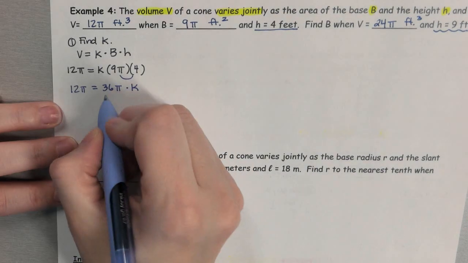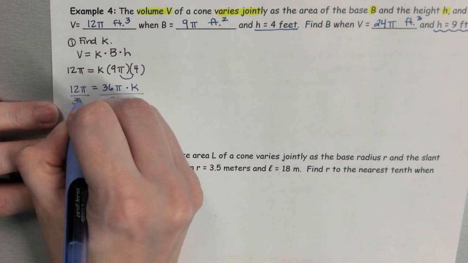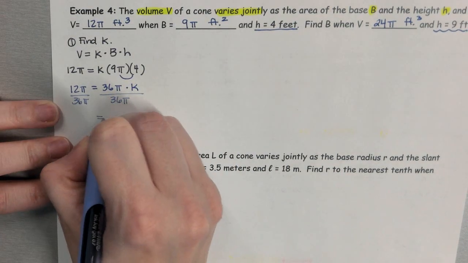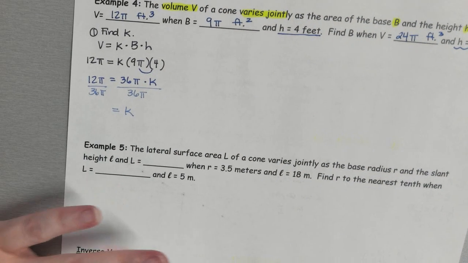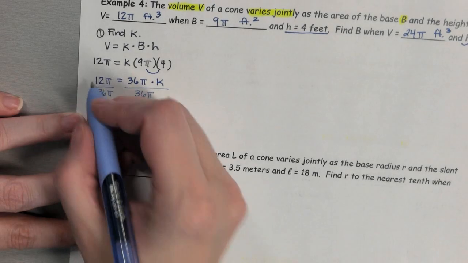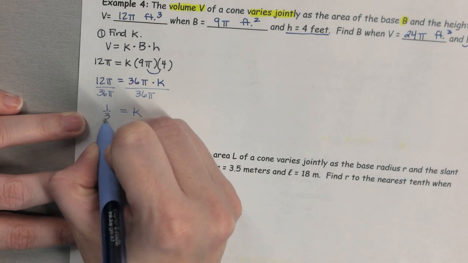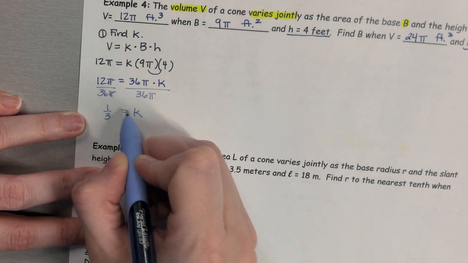Good, so we're going to divide by 36 pi. Okay, and then, Daniel, tell me what you get when you divide. What's that? Yeah, so what happened to the pi's? Yep, pi divided by itself is just 1. 12 over 36 reduces to 1/3.